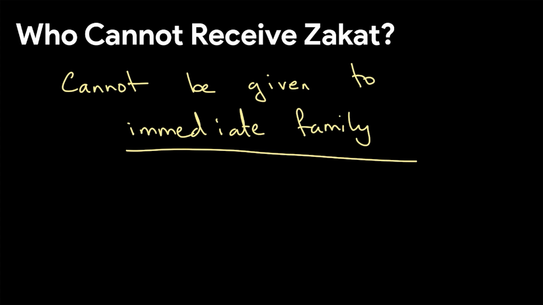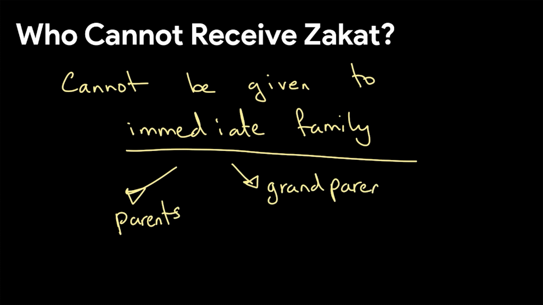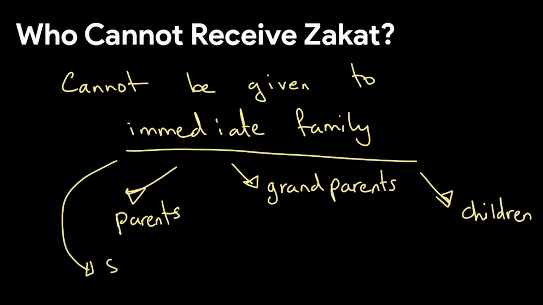So that means your parents, grandparents, children, and spouses. So these people, even if they fall under the 8 categories we mentioned earlier, they are not eligible to receive zakat from you.